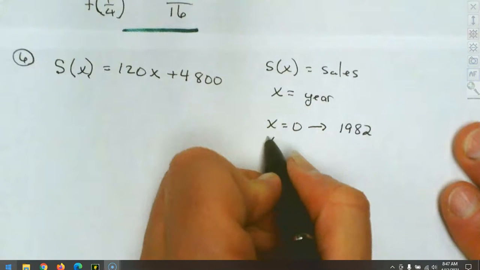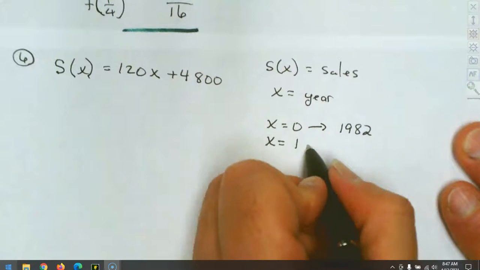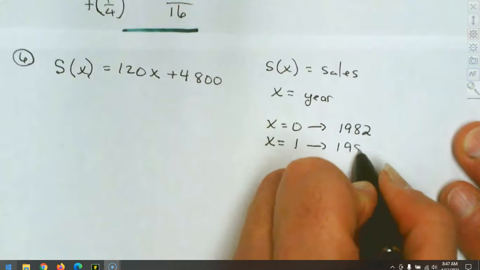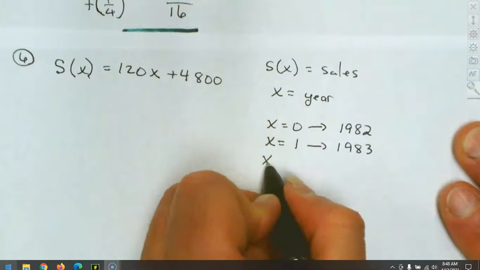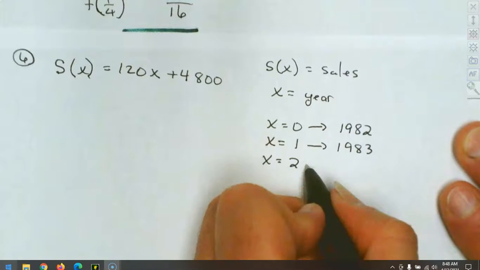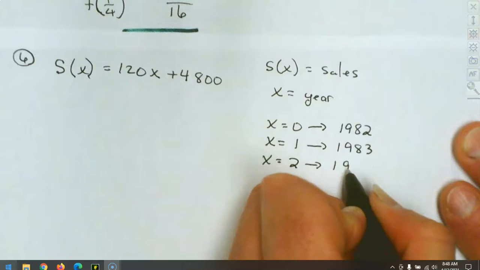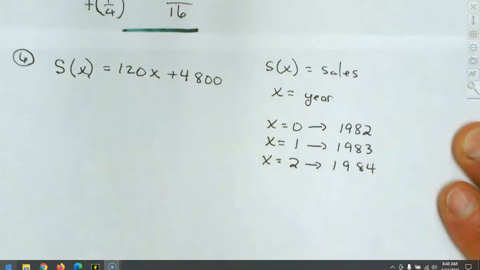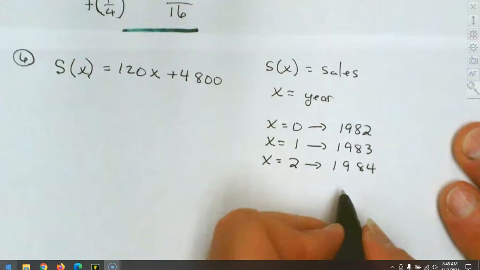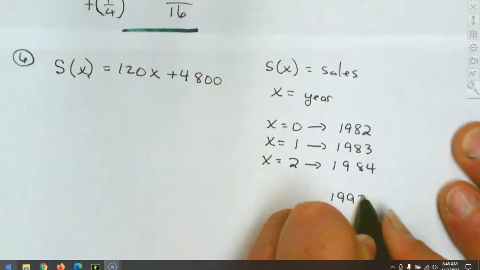So then following this pattern, x equals 1 would go to 1983. X equals 2 would then be 1984. Now what we want is we want 1993.